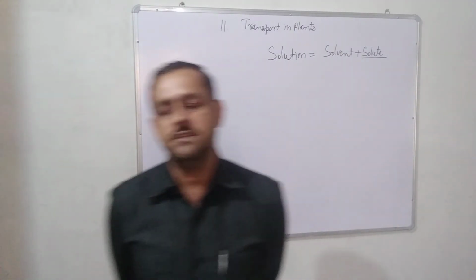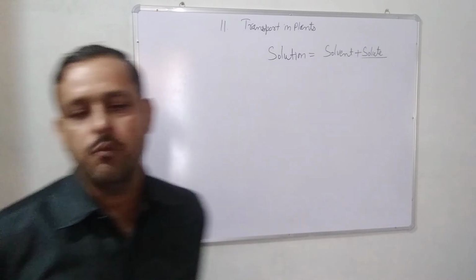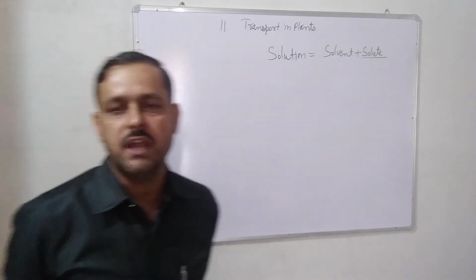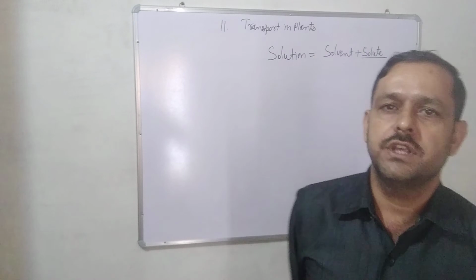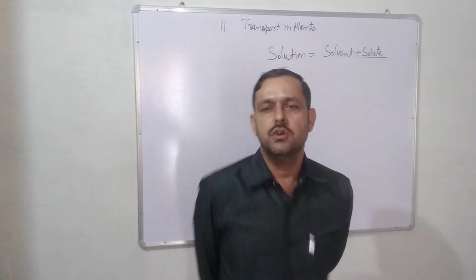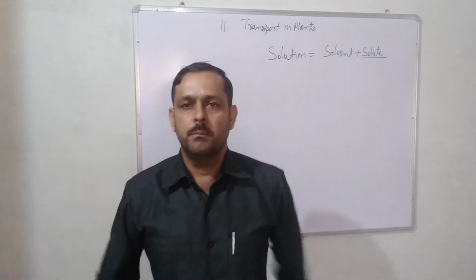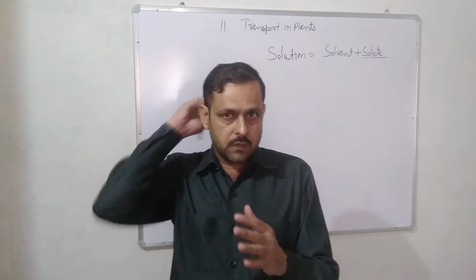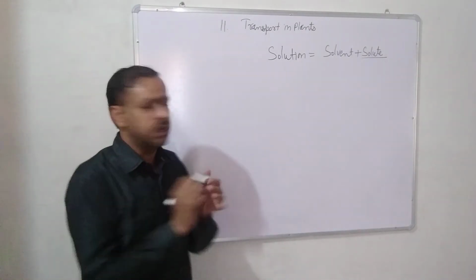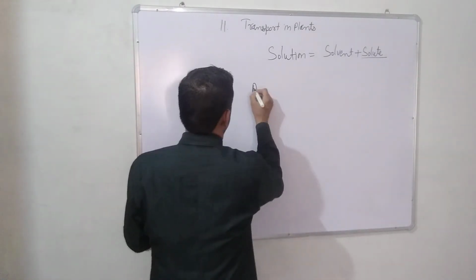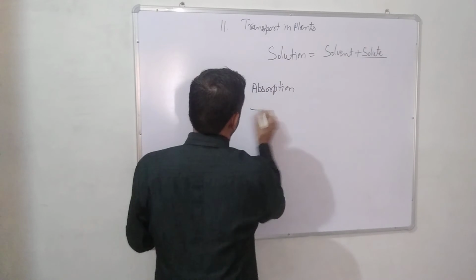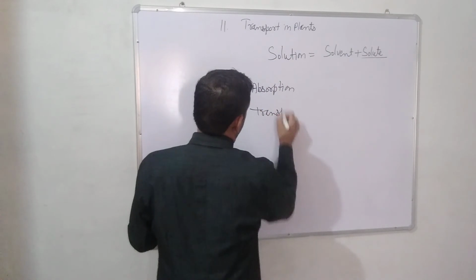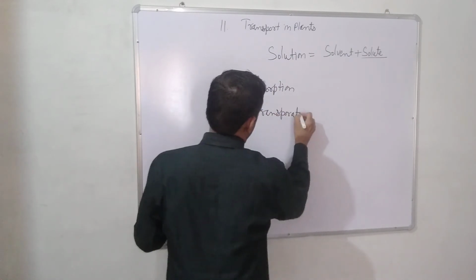Over small distances, substances move by diffusion and cytoplasmic streaming, while long distance transport takes place through xylem and phloem. First of all there are two processes: first is absorption and second is transportation.